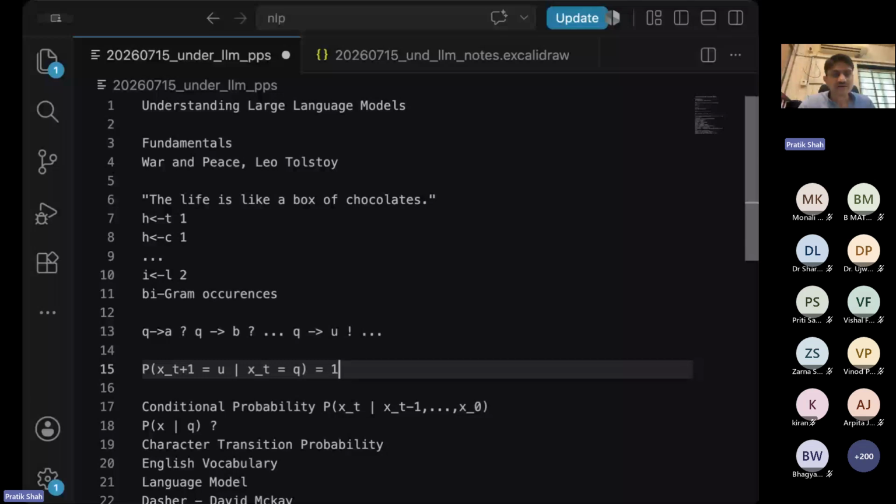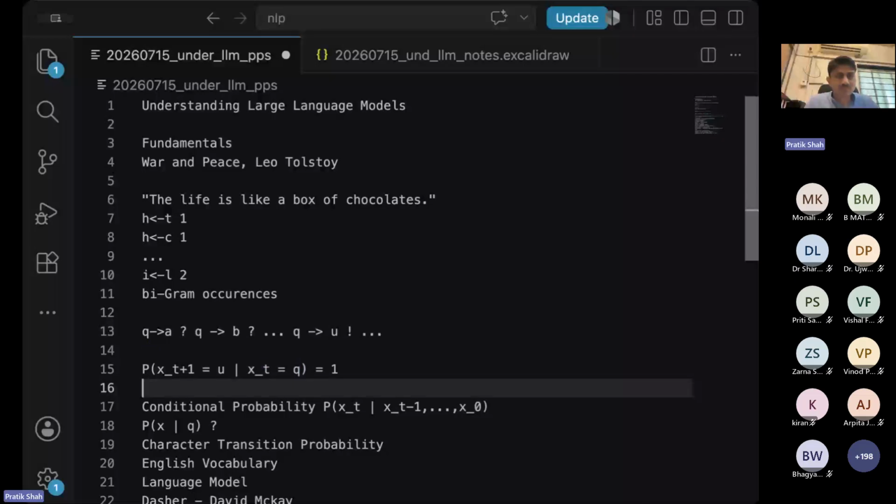But the language we are discussing right now is a slightly more sophisticated version of it, where we expect the language to have some sort of uncertainty involved, and there are probabilities with which you can define the transition rules. So it is more like a natural language, and the probability depends on the context. Here the context for the bigram model is: given that the current alphabet is xt, what is the probability that the next alphabet would be xt plus 1? Any questions up to this point?